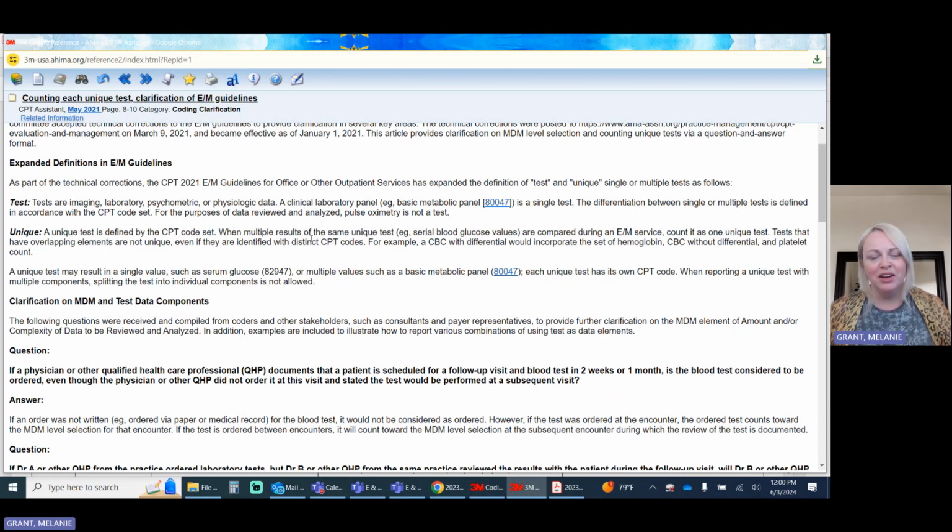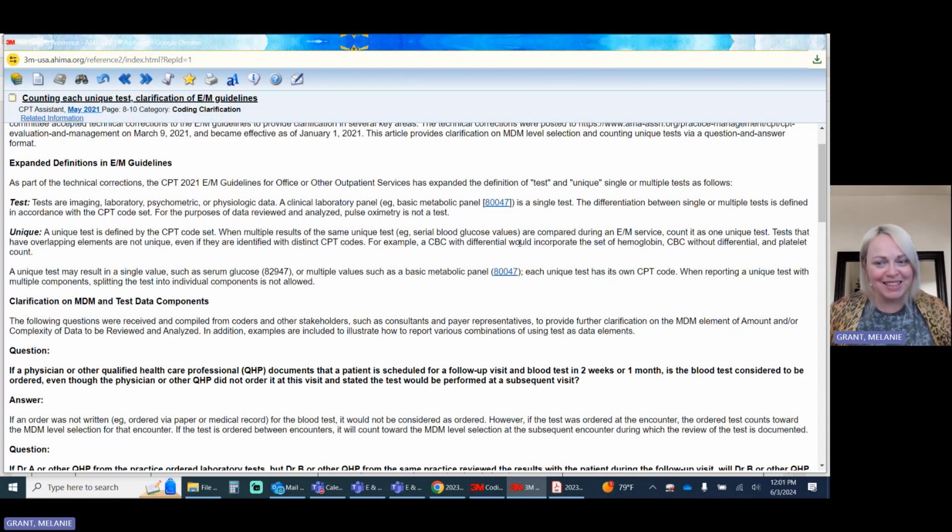You may have radiology where there are various views, and there's one code that captures all views, or there may be several codes that capture each individual test. So the important thing to keep in mind here is that we need to identify tests based off of how they would be coded in the actual CPT code book. And that can be a challenge for anyone trying to count those test elements if you're not well versed in what goes into laboratory.